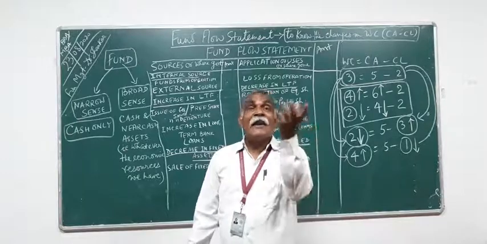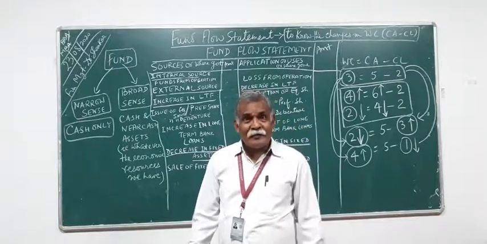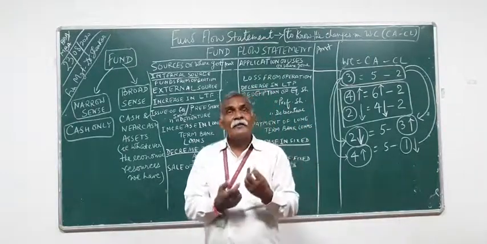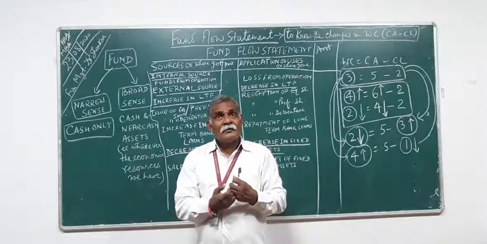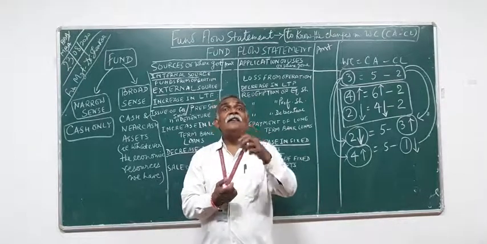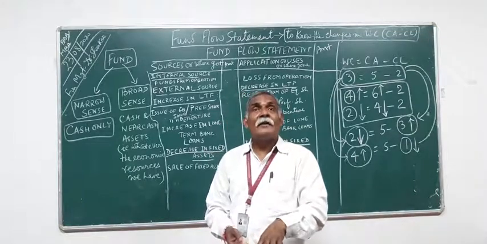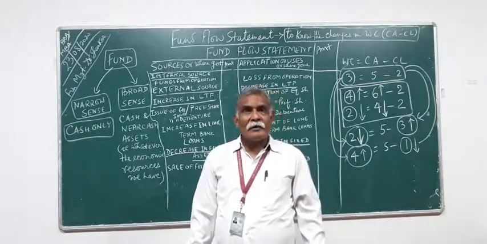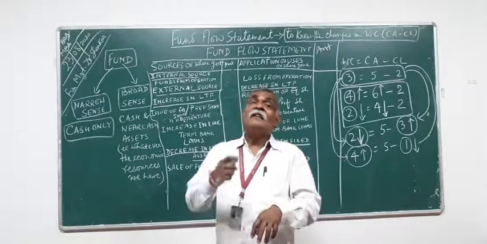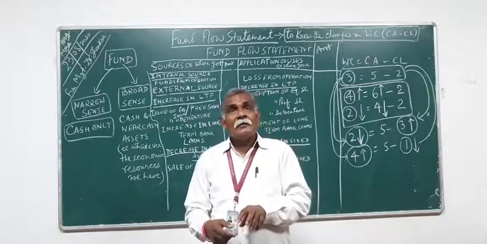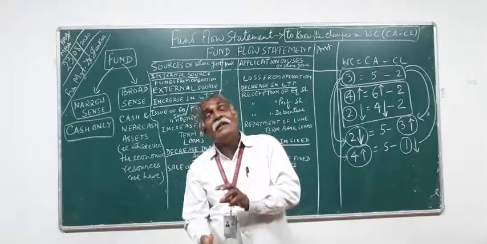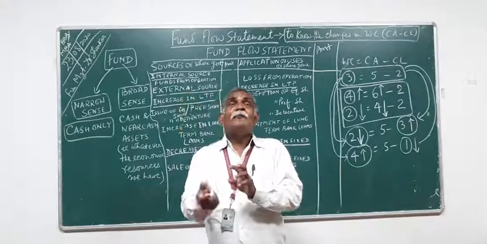So at the time when we calculate funds from operation, we have to re-add those items that decrease the net profit in the PL account. We will deduct those items that increase the net profit in the PL account.